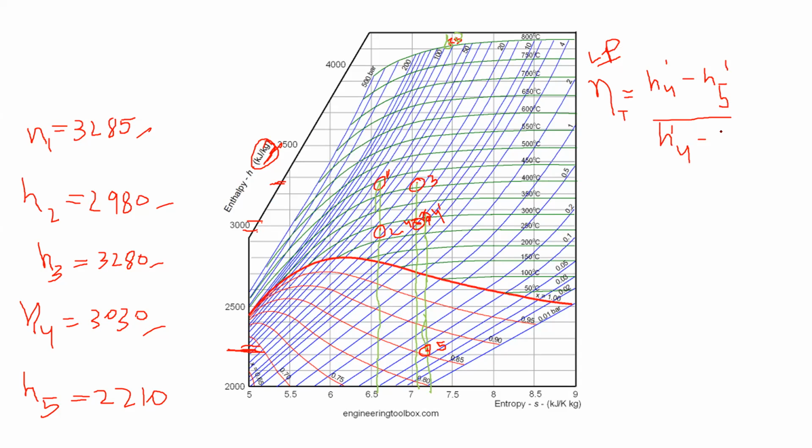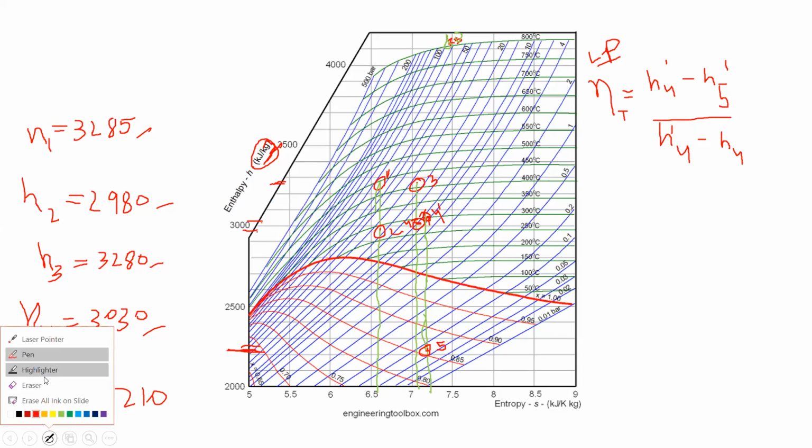The H4 dash minus H5 dash gives you your actual work done by the turbine, and H4 dash minus H5, sorry, that is usually taken as H5. That is the isentropic efficiency of a turbine.